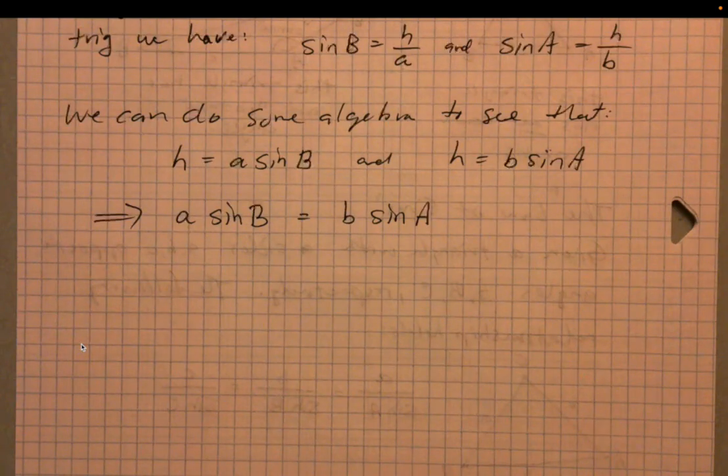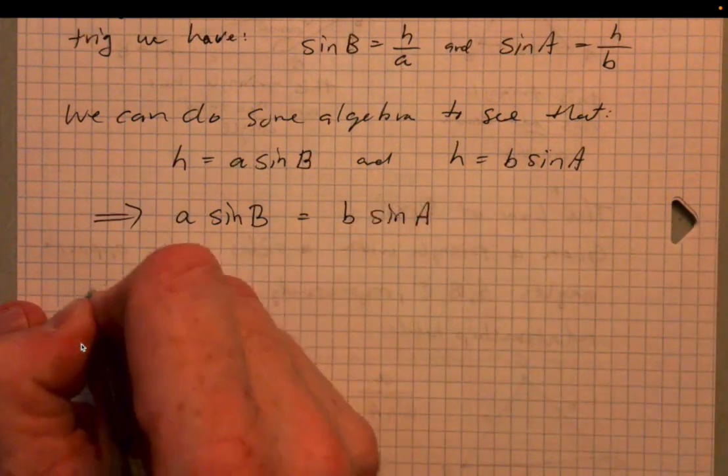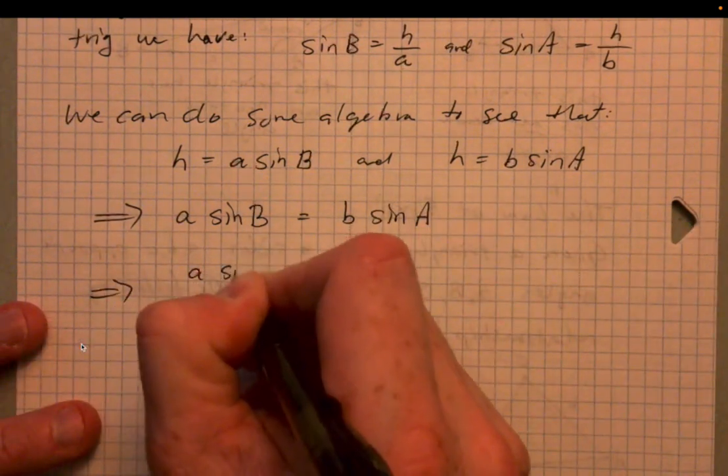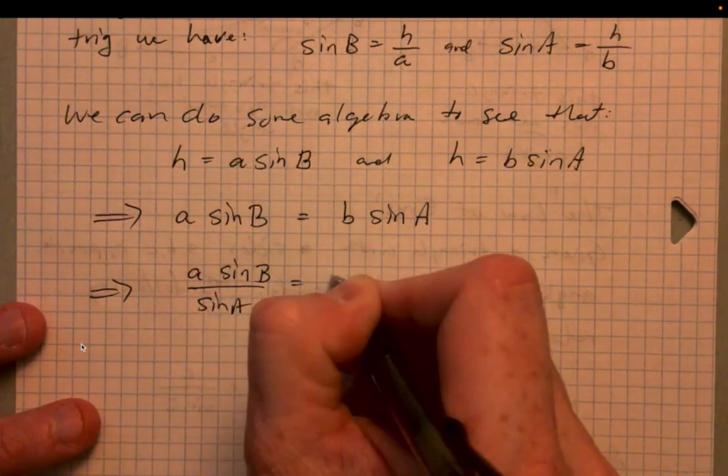And so I can easily do a little algebra here, and I'm pretty much at the finish line. So I can divide both sides by sine of a, for example, and I have a sine of b over sine of a equals b.